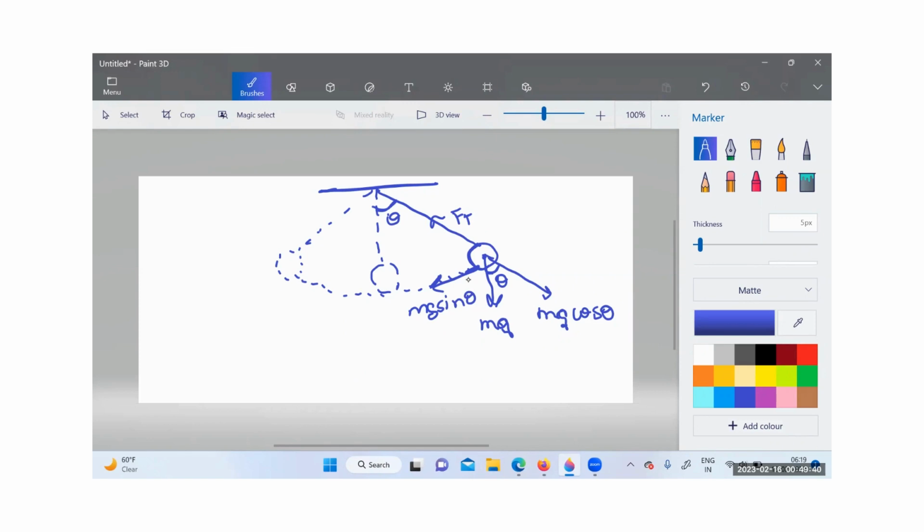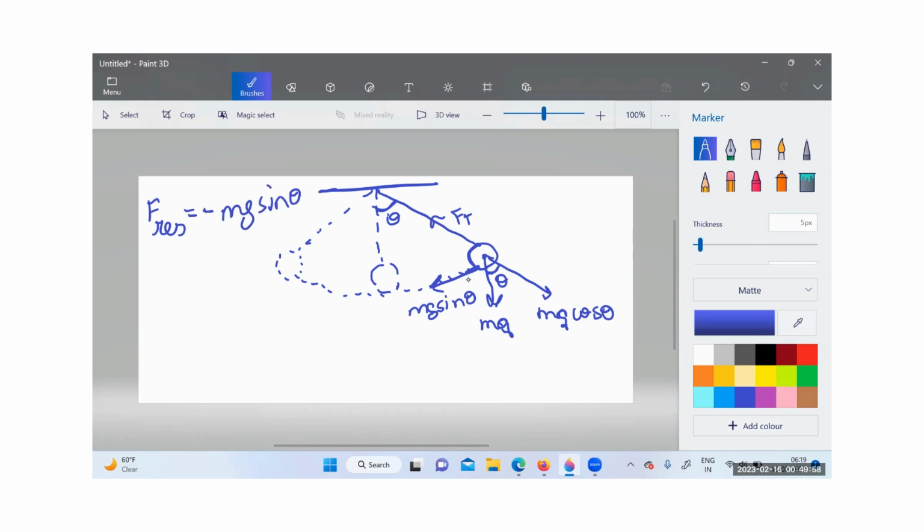Mg sin theta. So mg sin theta is the restoring force. If I represent it in the form of an equation, F restoring would be negative because it's opposite the direction of motion: mg sin theta.